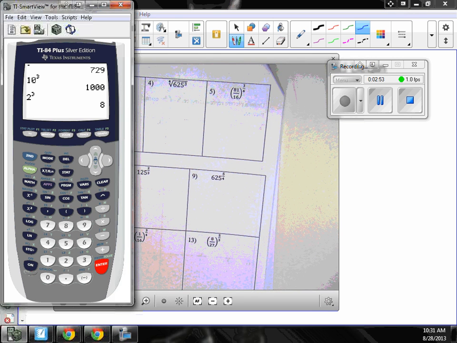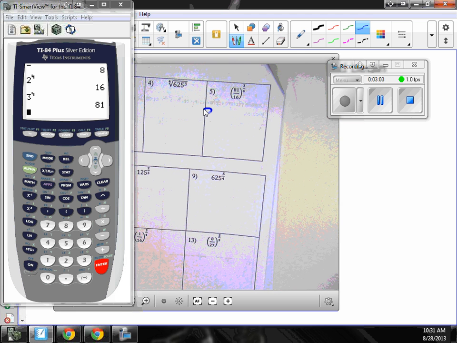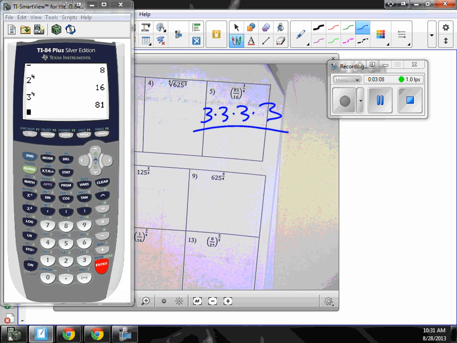Oh, no, 4th, sorry. 2 to the 4th is 16. 3 to the 4th, I found it, 81. So the top is 3 times 3 times 3 times 3. How many of those 3's do I want to keep? 3 of them, and 3 to the 3rd is 27. So my answer is 27 over something.